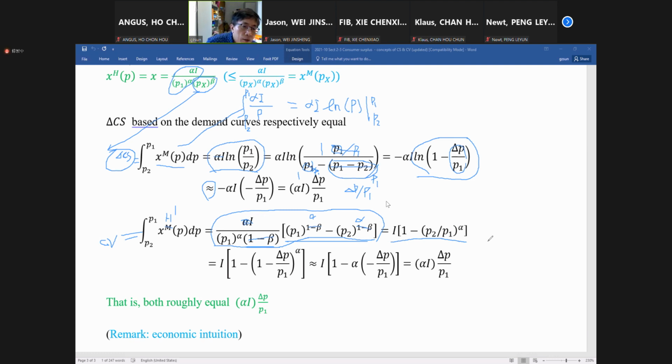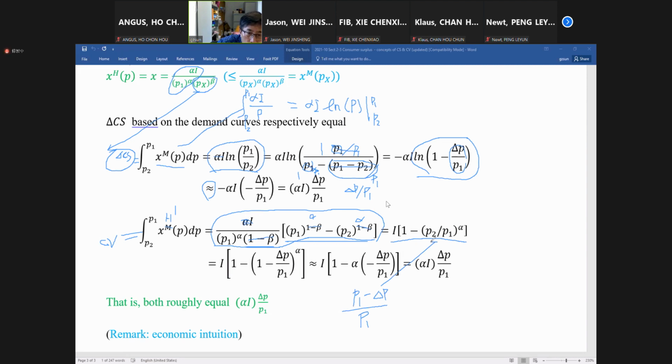And now, again, let's consider this term. This is the new price. This is the old price. And this term equals P1 minus the change in price, divided by P1. So delta P for cuts equals P1 minus P2.